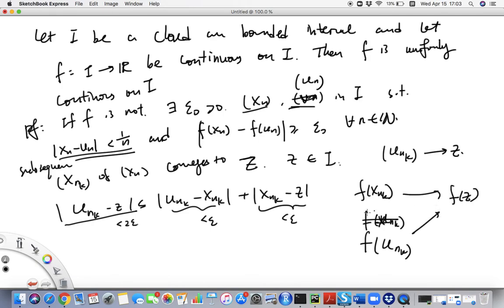If they converge to the same thing, then it is not possible, because by this, they're supposed to be epsilon_0 apart, but here we just showed that they converge to the same thing. So that's a contradiction. Therefore f cannot fail to be uniformly continuous; f has to be uniformly continuous. Okay, that's it for today, and I will see you next time.